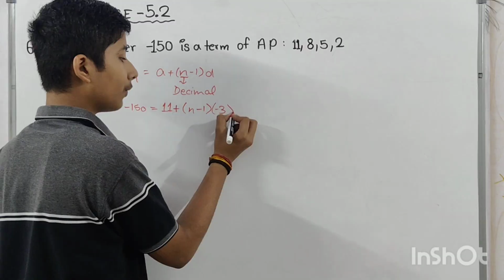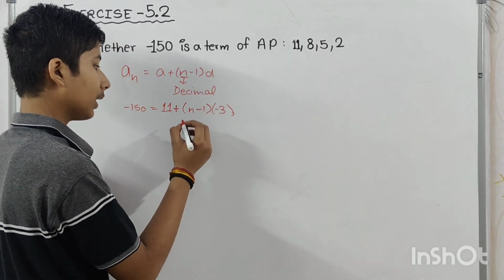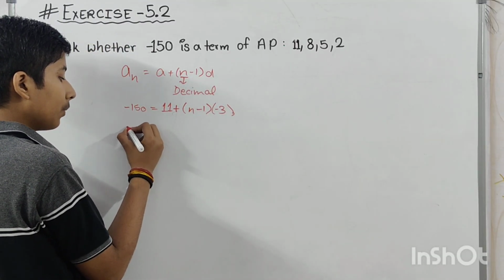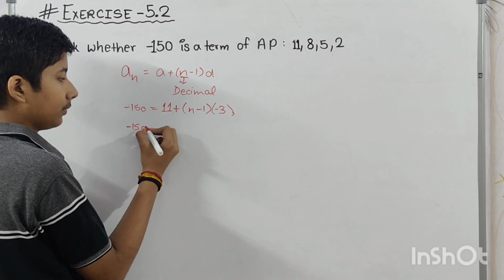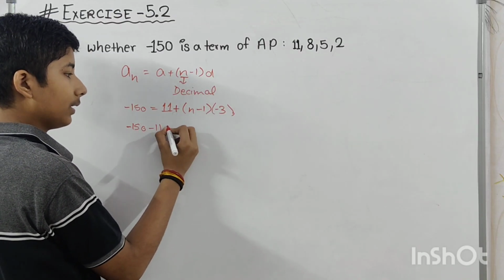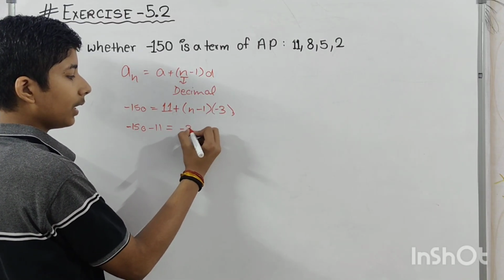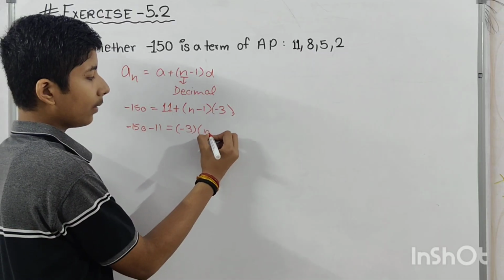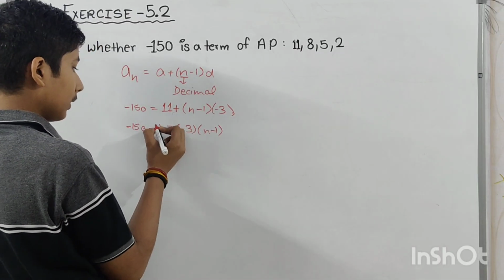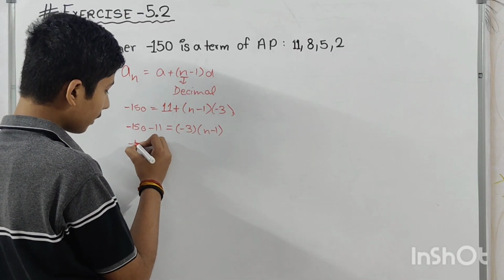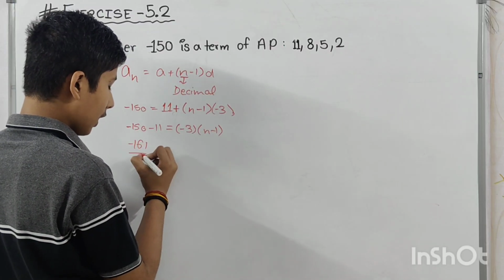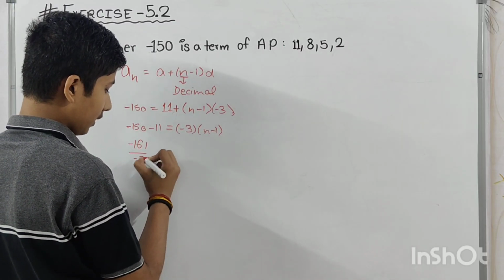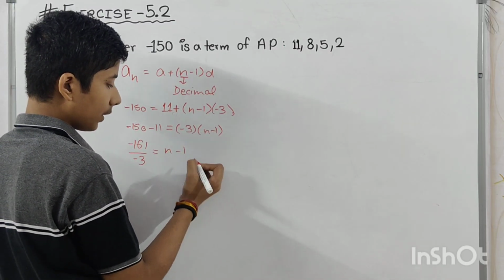Since it is minus, we'll have to keep it in brackets. Now minus 150 minus 11 equals minus 3 into n minus 1. So it is minus 161 upon minus 3 equals n minus 1.